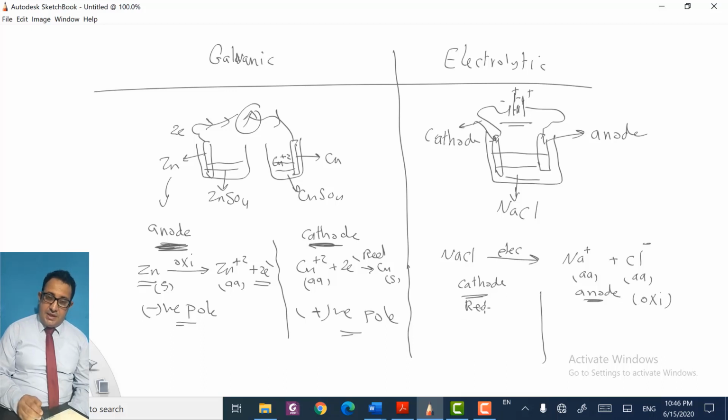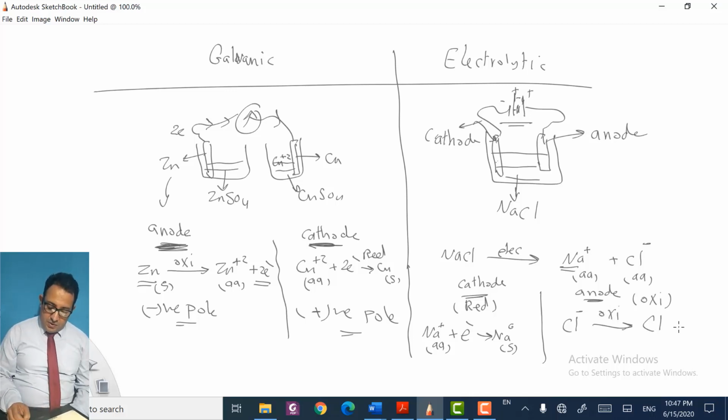What happens at the cathode and the anode is the same as in the galvanic cell. An oxidation process takes place at the anode and the reduction process takes place at the cathode. So Na+ ions are directed toward the cathode to take electrons and change to Na solid. And for the Cl-, an oxidation process takes place, changing it into Cl plus an electron lost.